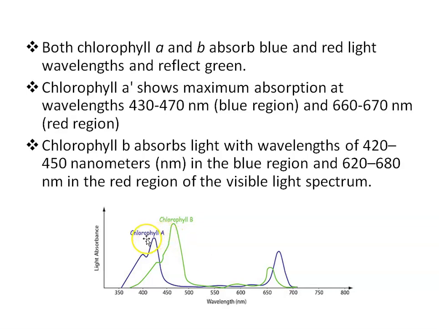Chlorophyll A shows maximum absorption at wavelengths of 430 to 470 nm. This is the blue region. And 660 to 670 nm in the red region. Then chlorophyll B absorbs light with wavelengths of 420 to 450 nanometers in the blue region and 620 to 680 nm in the red region of the visible light spectrum.